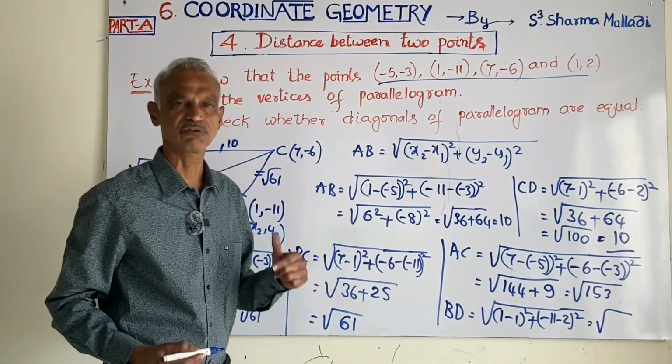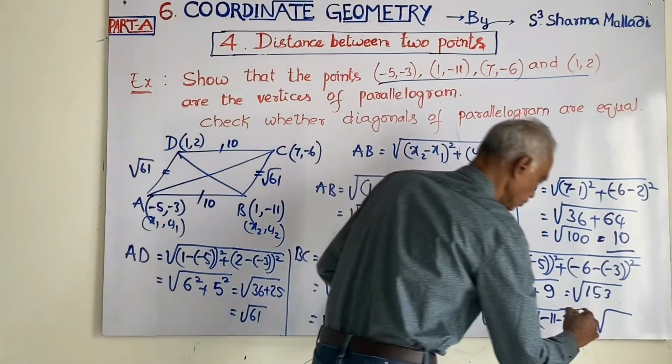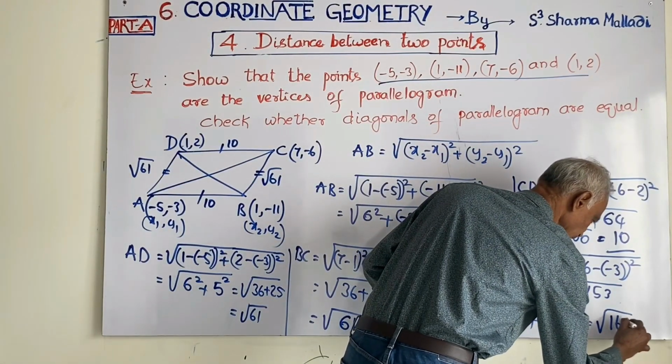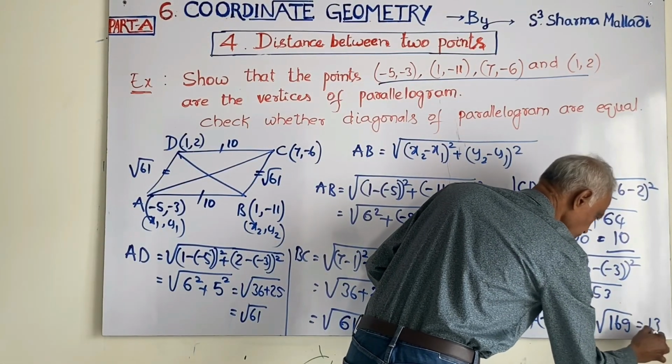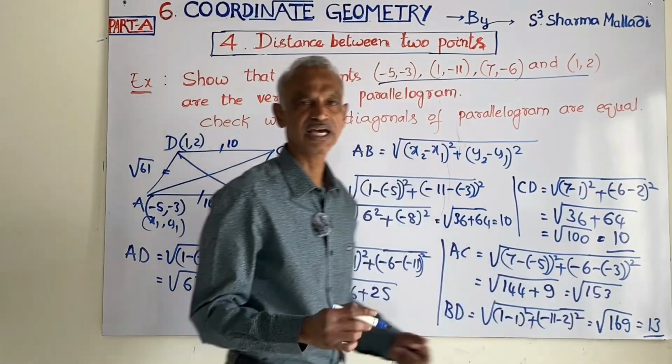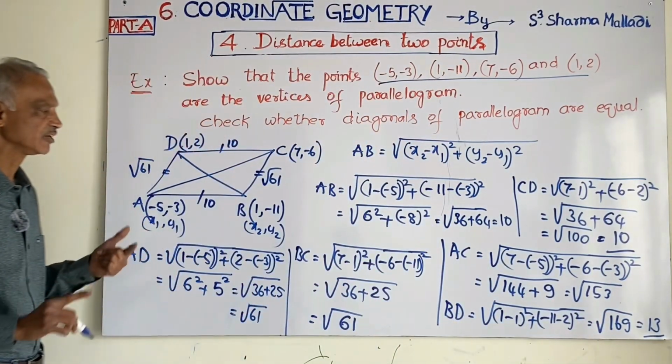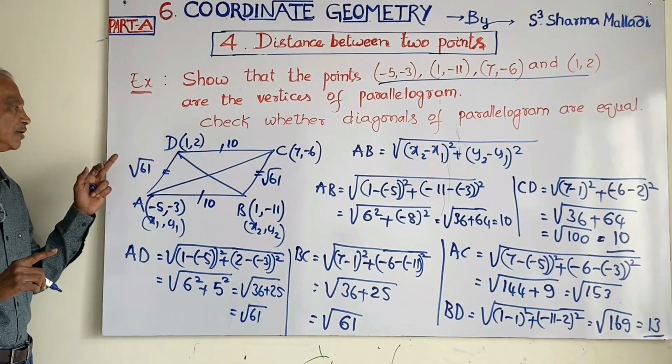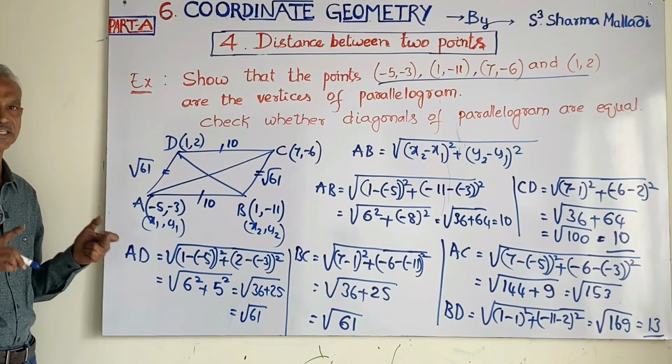What is 13 square? 169. Root of 169, you will get 13. Root of 169 and root of 153 are not equal to each other. Therefore, diagonals of the parallelogram are not equal to each other.